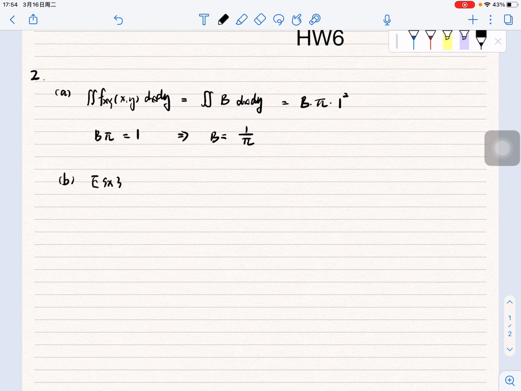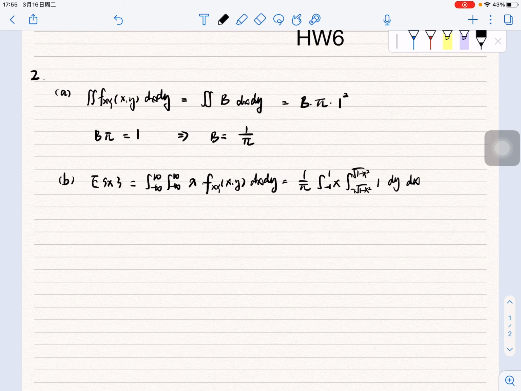Firstly, the expectation of X equals the integration from minus infinity to infinity of x multiplied by f_XY, dx dy, which equals 1 divided by pi, and then here dx is from minus 1 to 1, x, and here the integration of dy, y from minus square root of 1 minus x squared to square root of 1 minus x squared, and we can get the answer 2 divided by pi and the integration from minus 1 to 1 of x multiplied by square root of 1 minus x squared dx.